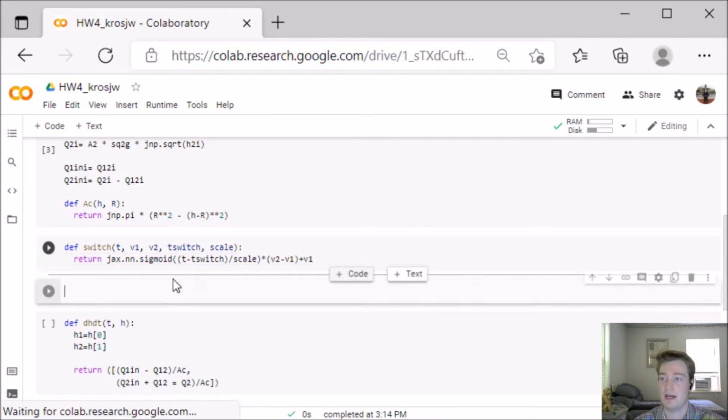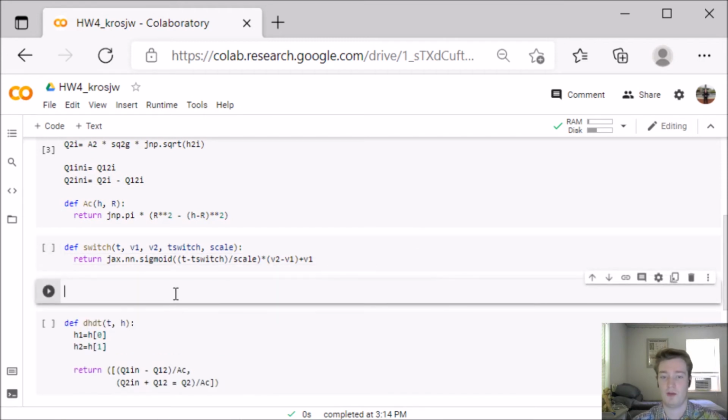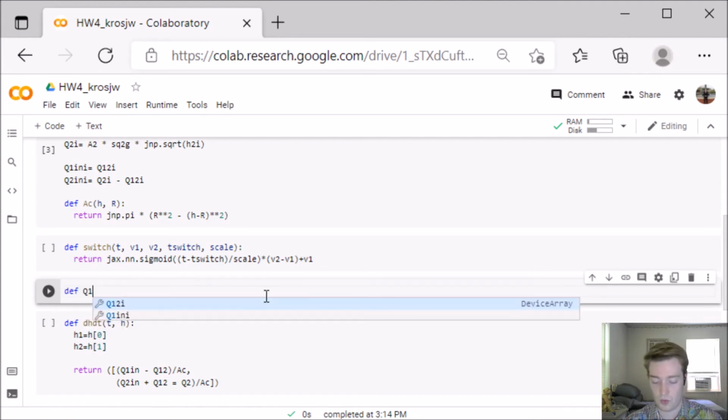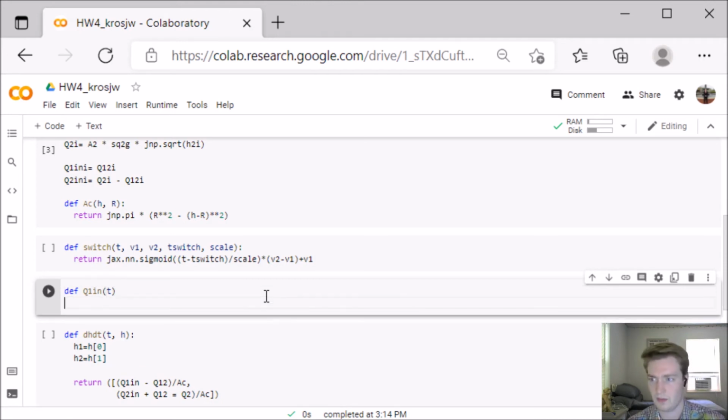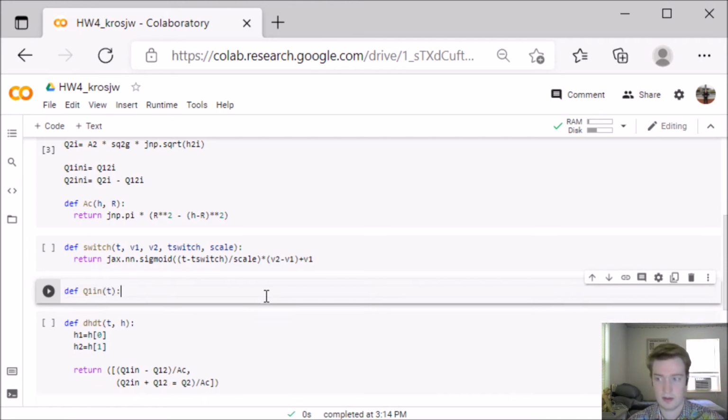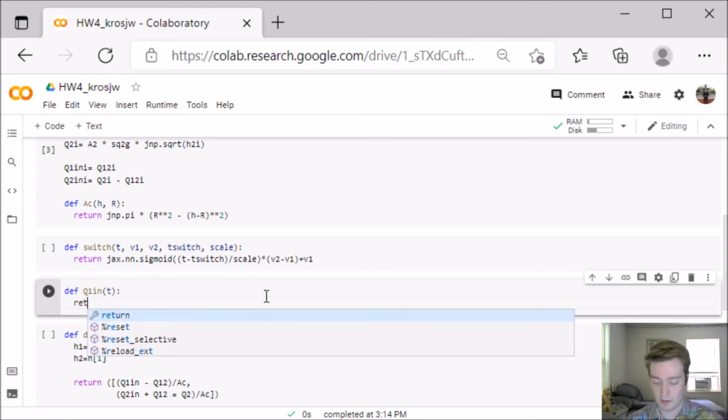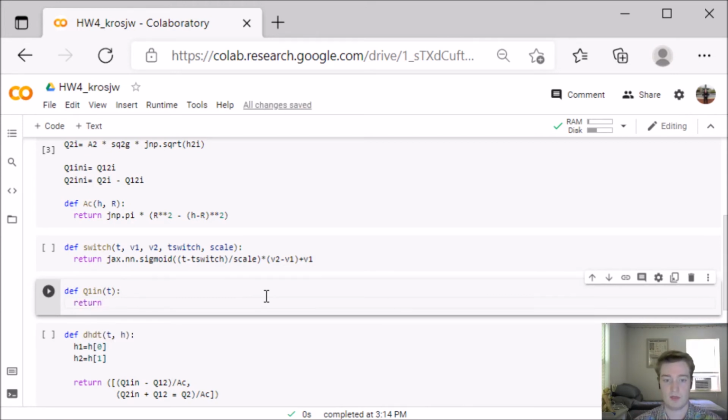So now we want to model the flow rates, so Q1 in and Q2 in. So we define Q1 in, and what is it going to need? It's going to need a time, right? Because it's going to switch at a certain time. There we go. And we're going to return here the switch.